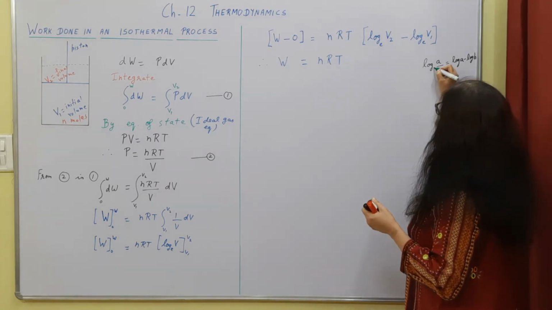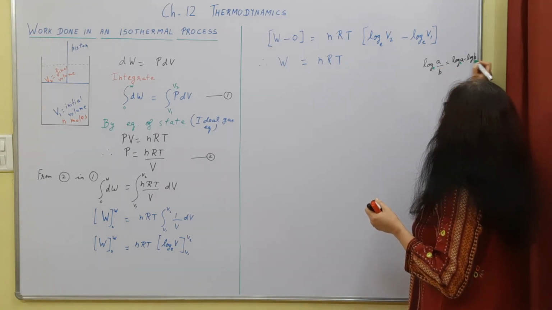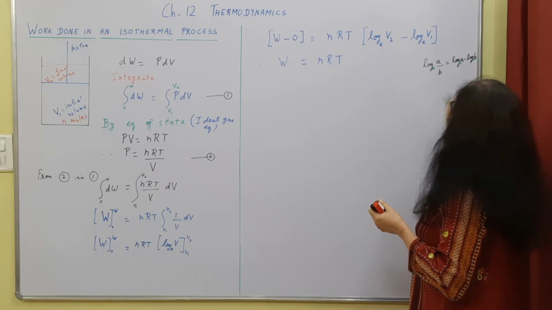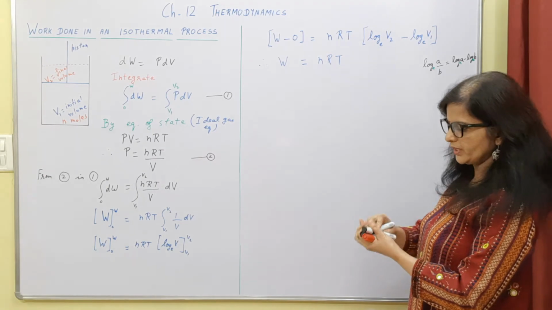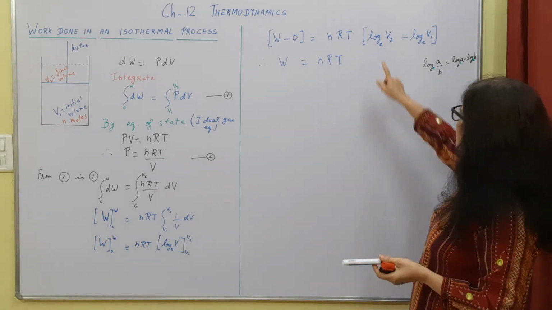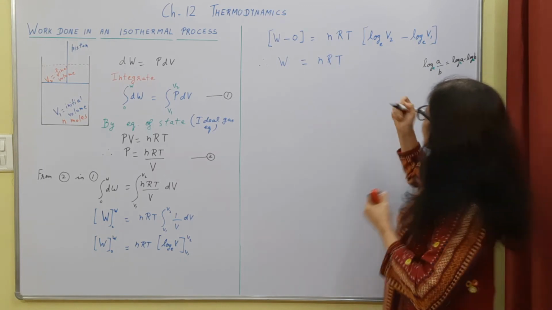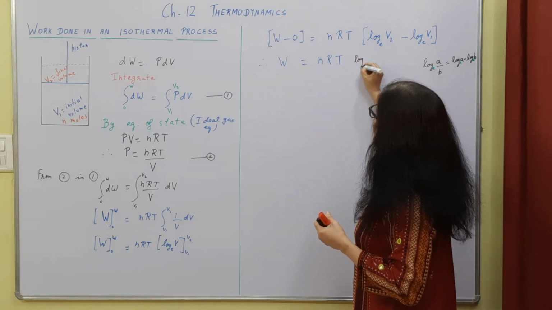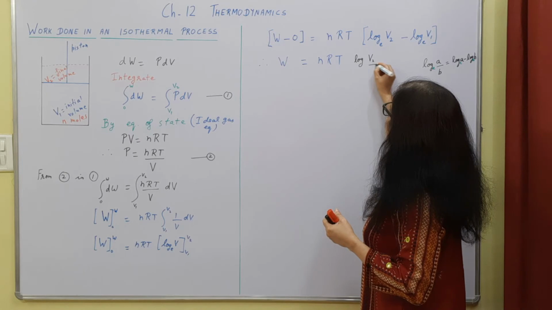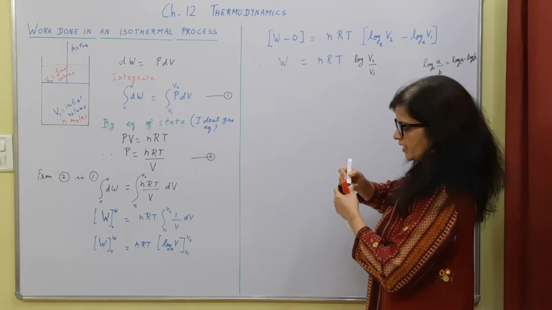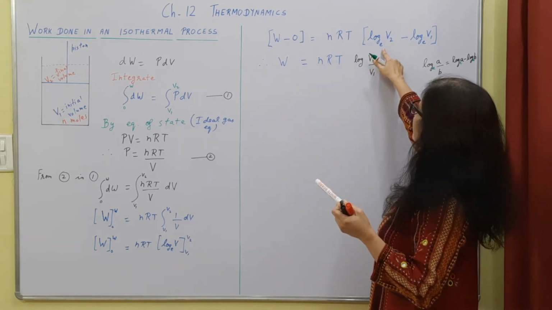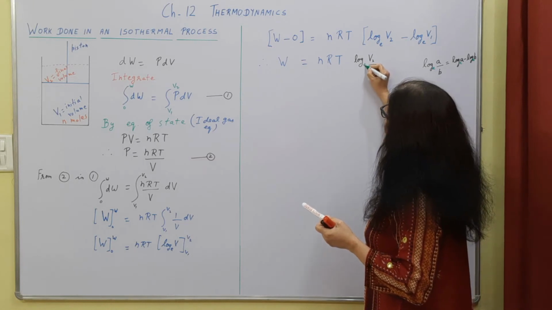To convert natural log into base 10 log, we multiply by 2.303. That also we will do. So this is log V2 minus log V1. So this can be written as log V2 upon V1. And which base? e base, because this is natural log.